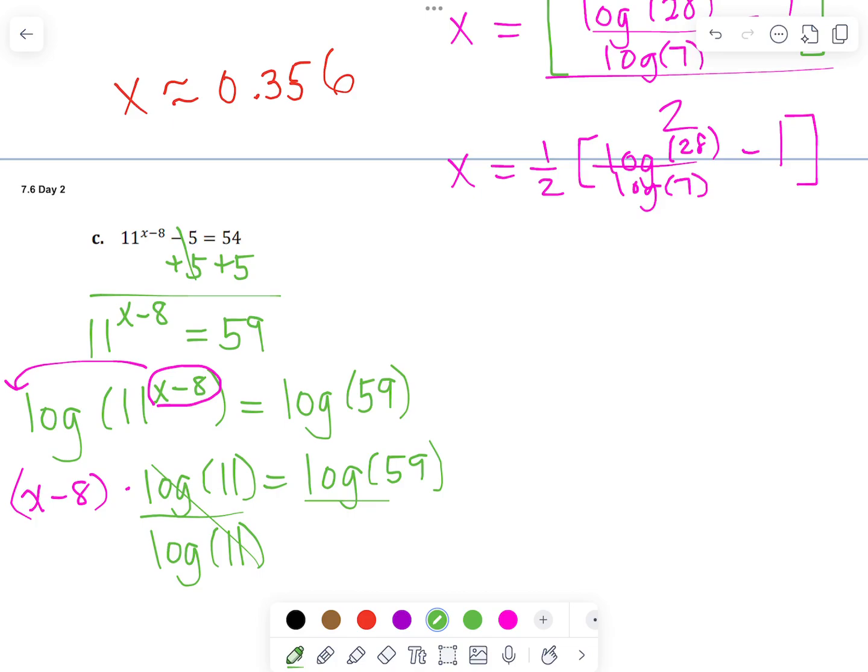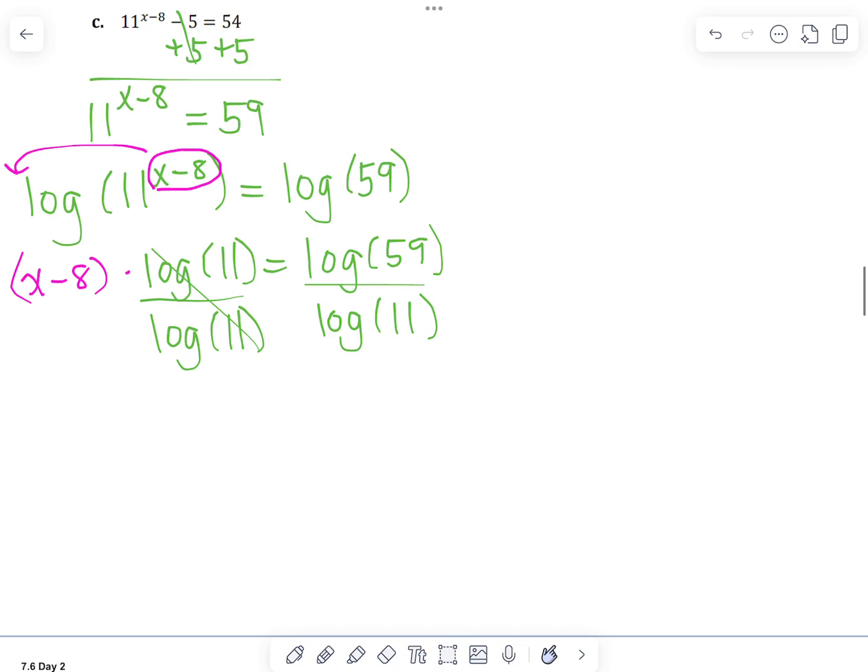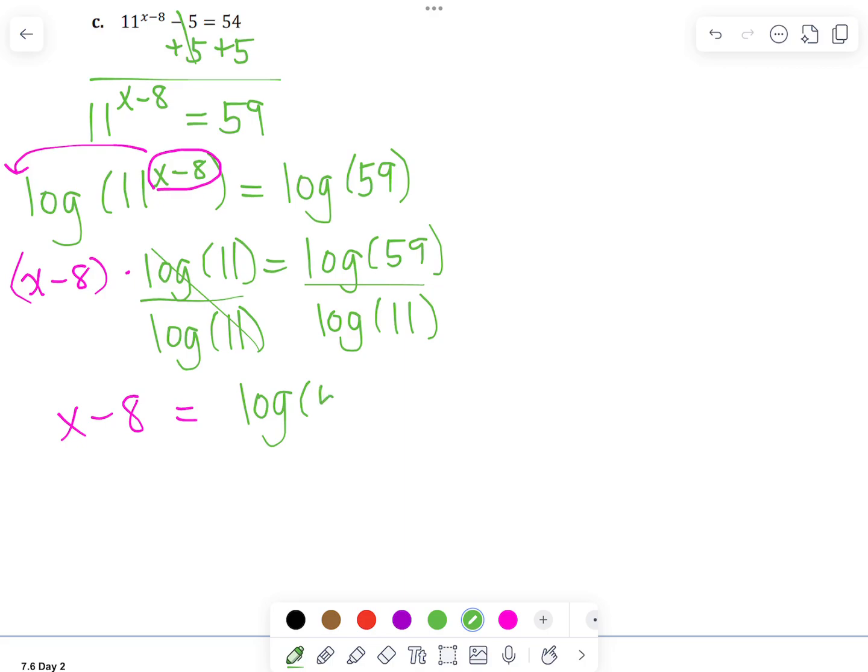So the log of 11's cancel on the left. Now we're left with x minus 8 on the left, and on the right is log of 59 divided by log of 11.